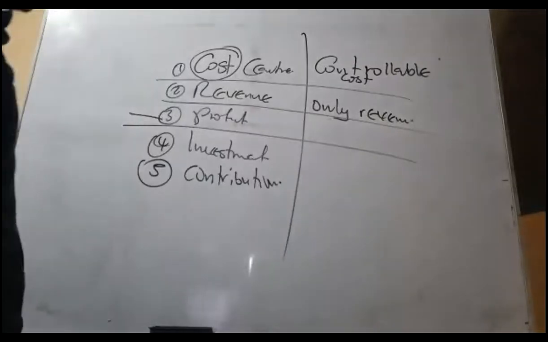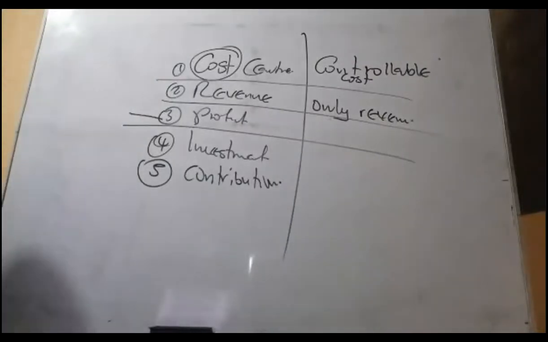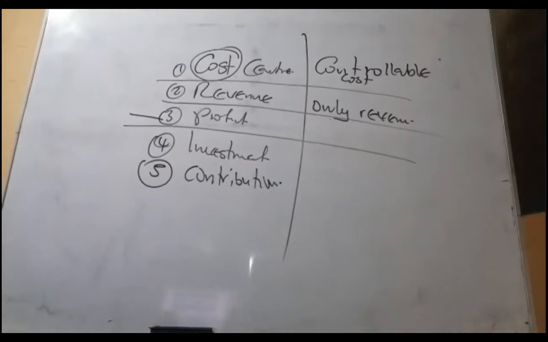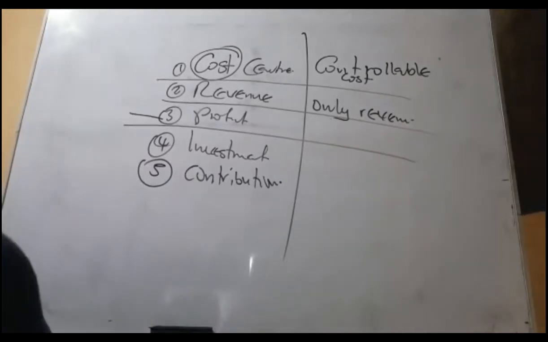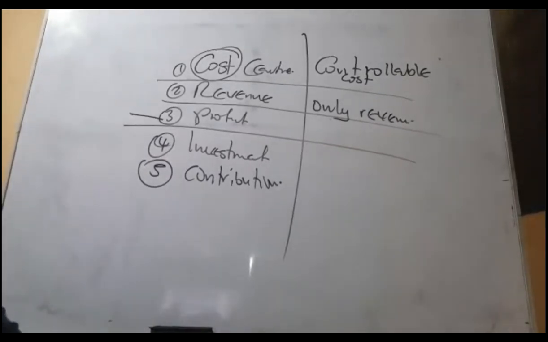Profit center, you have control over costs and what? Revenue. Cost and revenue. The investment center, you move ahead. Whatever profit is available, you go and then invest it. Good. So that is it.